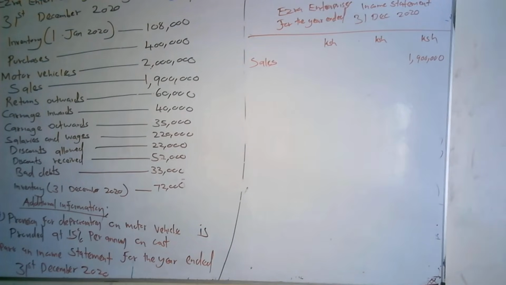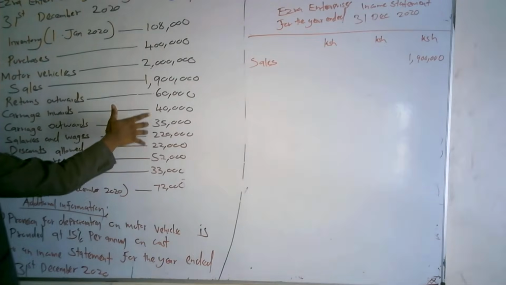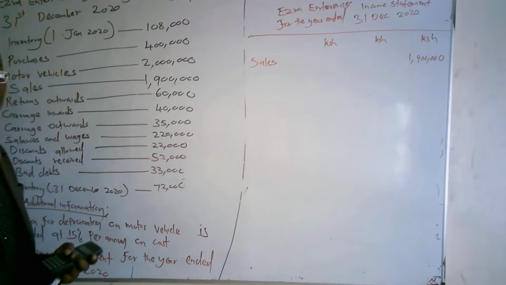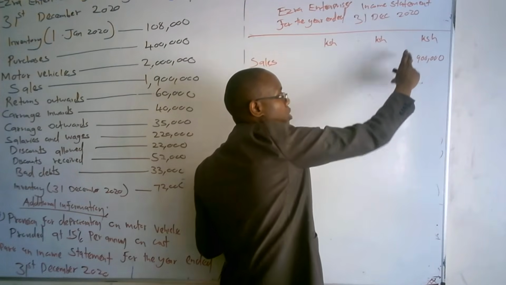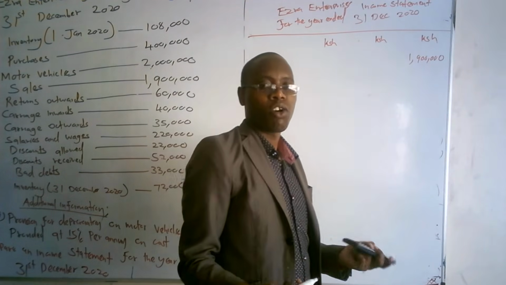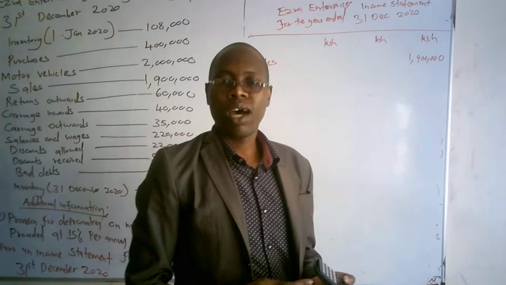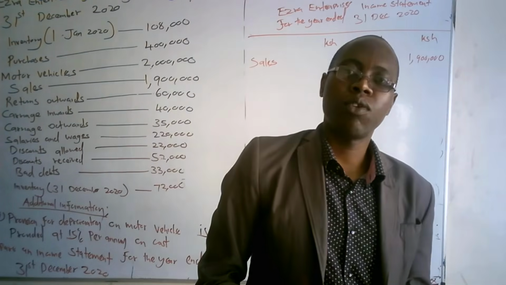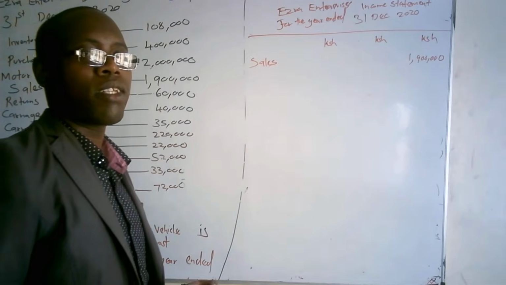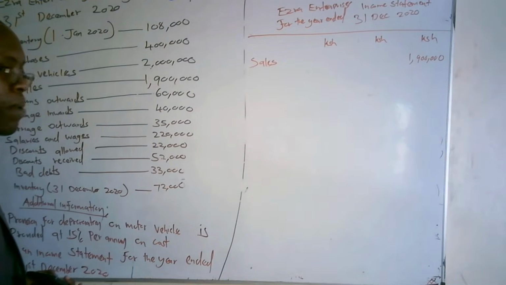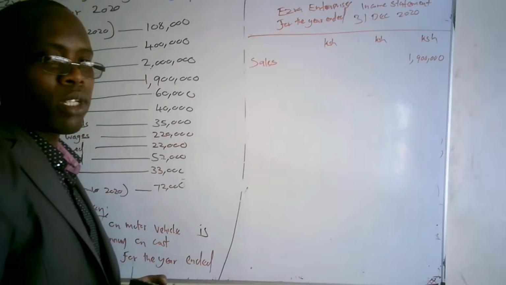So meaning that we do not have that particular returns inwards or sales returns. That information is not appearing. So if it's not there, this answer here is automatically going to be our net sales because we do not have the returns inwards figure. So we just leave it the way it is, and we make an assumption that it is our net sales.